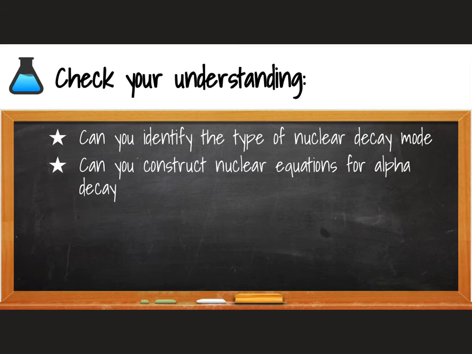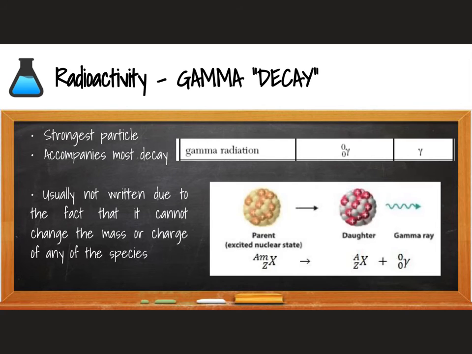The last type of decay, and I put decay in quotations because it's not really decay, is gamma decay. Gamma is the strongest type of radiation, and it just accompanies decay, but we're not going to write equations for it really because it's not a written nuclear decay.